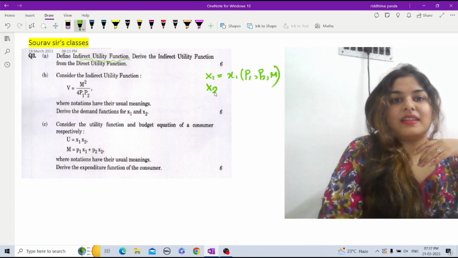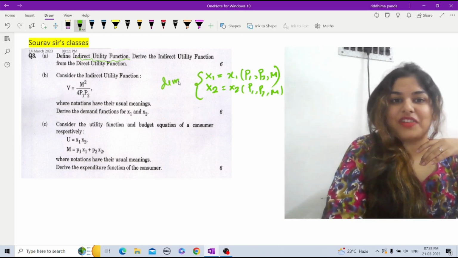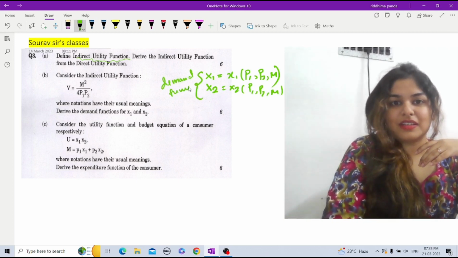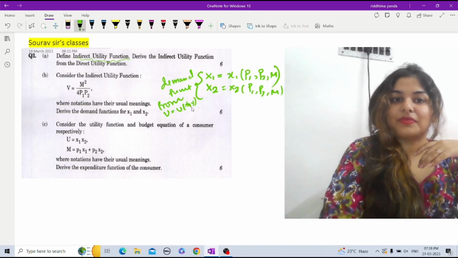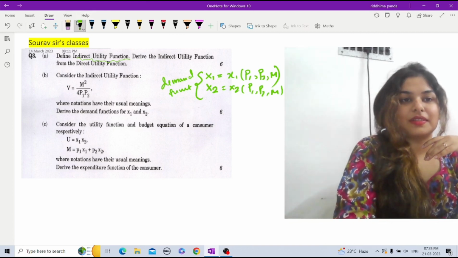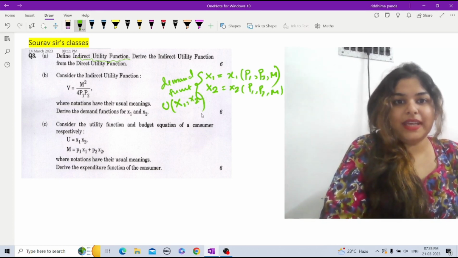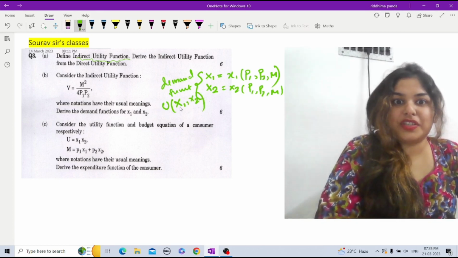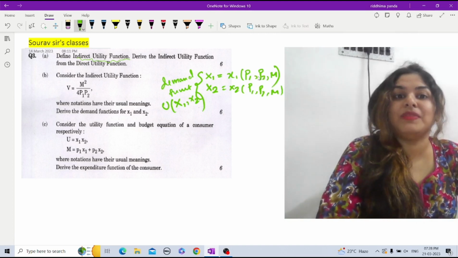And X2 is also a function of P1, P2, M. This is the demand function we derive from the utility function. So if U is the direct utility function, where X1, X2 is the demand function which is a function of P1, P2, M, what can I write?